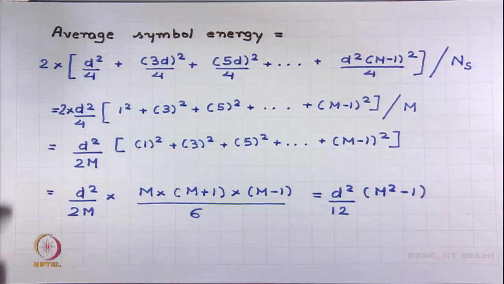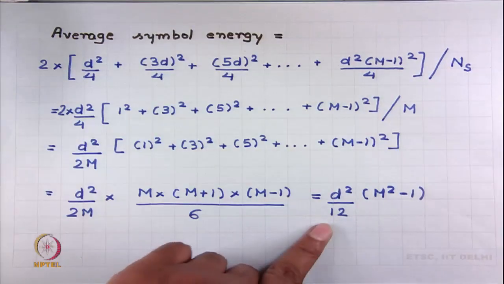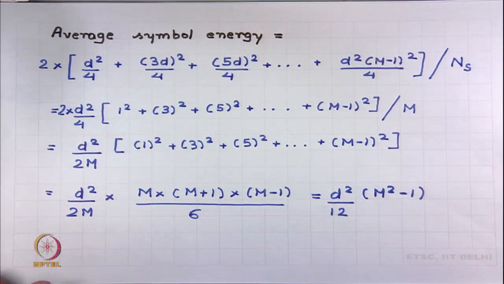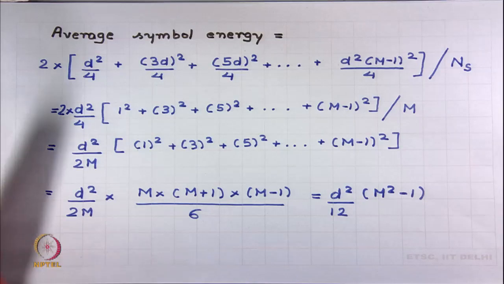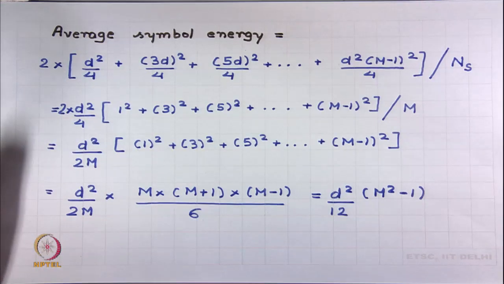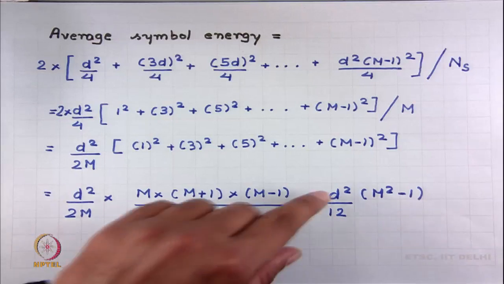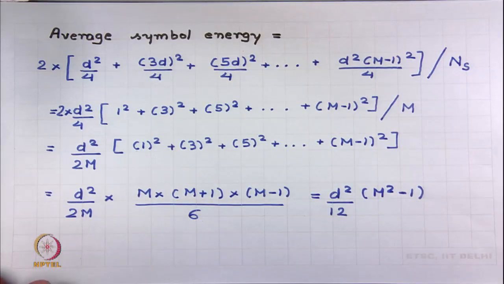Solving all this out, what we get is average symbol energy is d square by 12 times m square minus 1. And I request you to remember this formula because it is an important formula and it denotes how the average symbol energy varies in M-PAM. Okay. So, the average symbol energy in M-PAM is d square by 12 times m square minus 1.